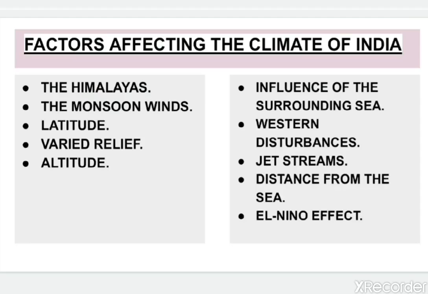Now let's see the next point, that is latitude. Now the Indian subcontinent is divided into two parts by the Tropic of Cancer. As we know, the northern portion lies in the temperate zone and the southern portion lies in the tropical zone, right?